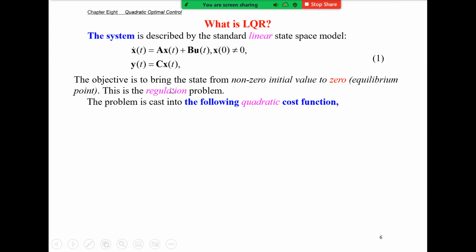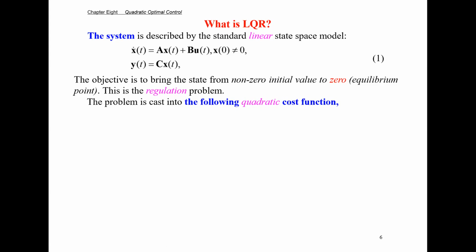The objective is to bring the state from a non-zero initial state to zero. We know when x equals 0, that is the equilibrium point. This is called the regulation problem or the stabilization problem.